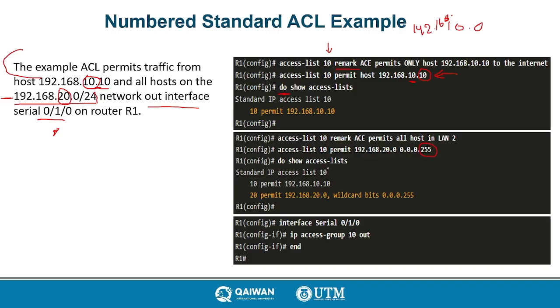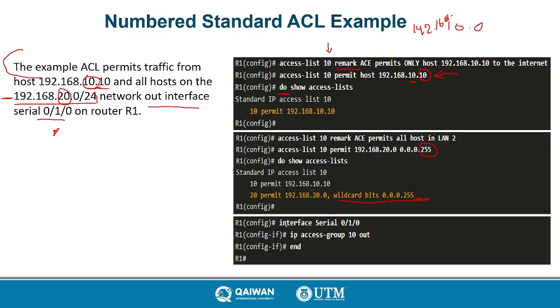And again, we do show access-lists, and now it shows 20, because I needed to create another permission: 192.168.20.0 with this wildcard bits. After that, we finished the access lists, and now we need to apply them over the interface, because we said we have only one IP and a network and an interface.